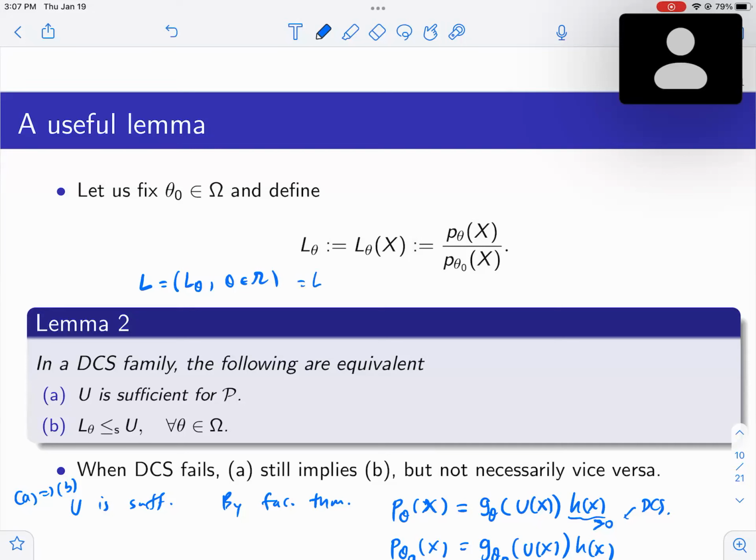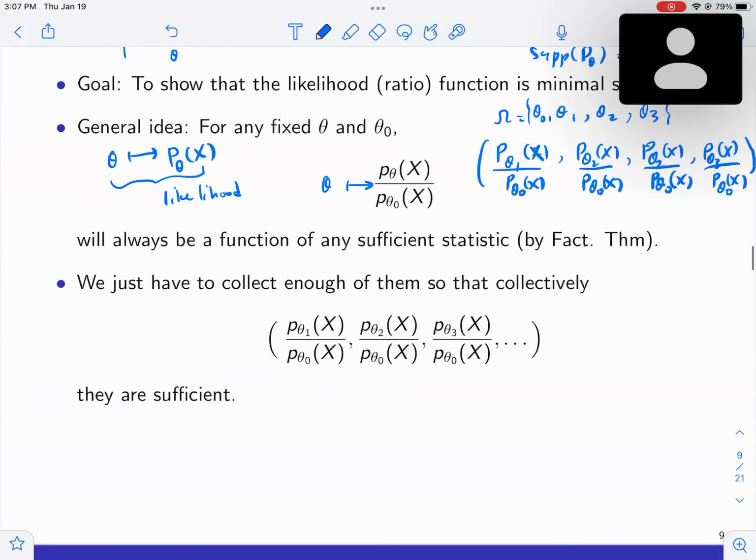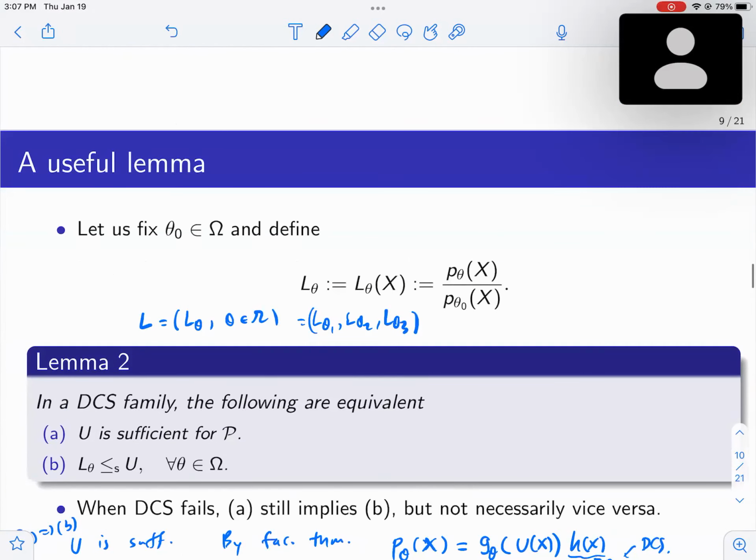This is like saying L theta 1, L theta 2, L theta 3. Let's say omega is theta 0, theta 1, theta 2, theta 3. So I get L theta 1, L theta 2, L theta 3.